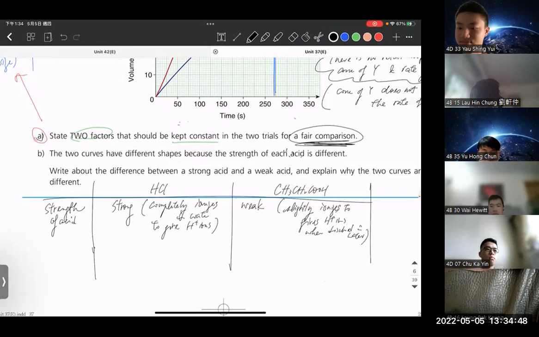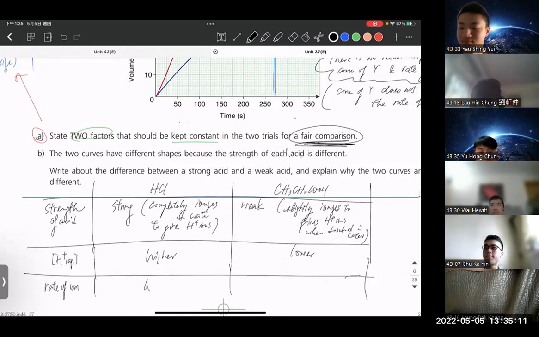Hydrogen ions, yes, that's right. So the concentration of hydrogen ions in these two cases, this one is higher, this one is lower. Do you understand? So how does it affect the rate of reaction?